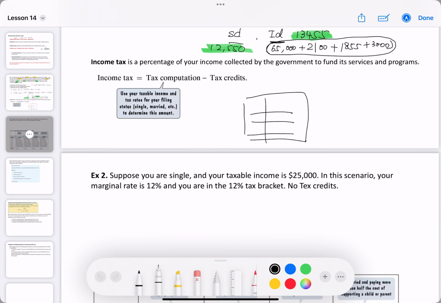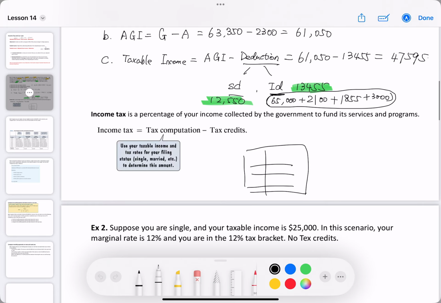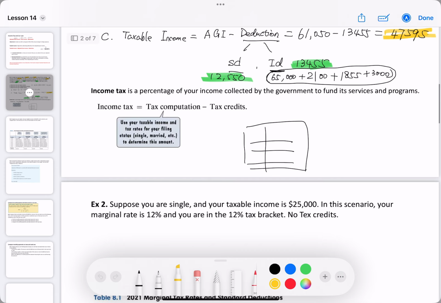In this table, for example, my taxable income. In the previous example, my taxable income is 47,595. This is the amount of money. So maybe when your money is in this bracket, you need to pay 10%.